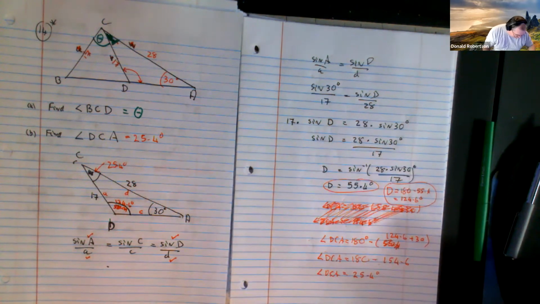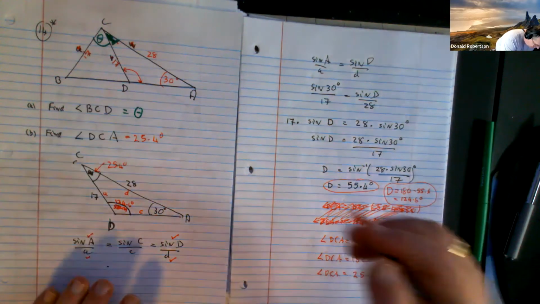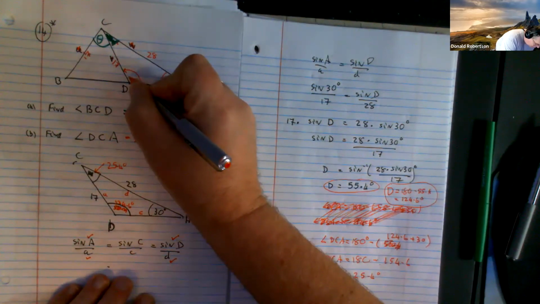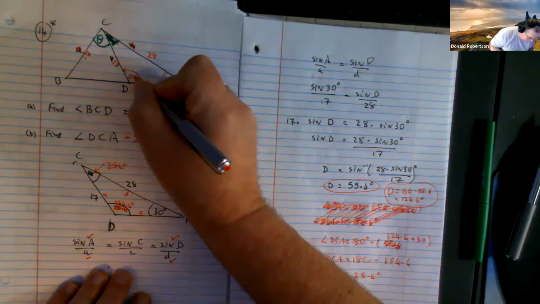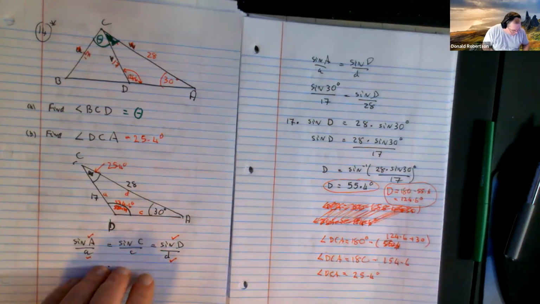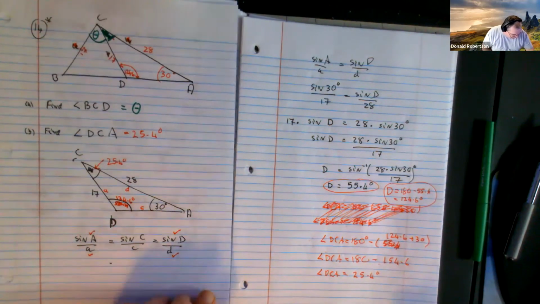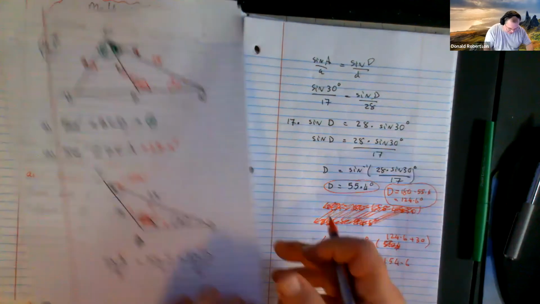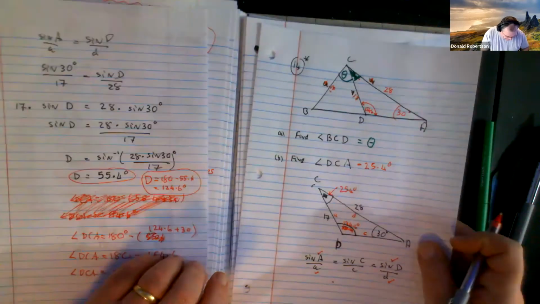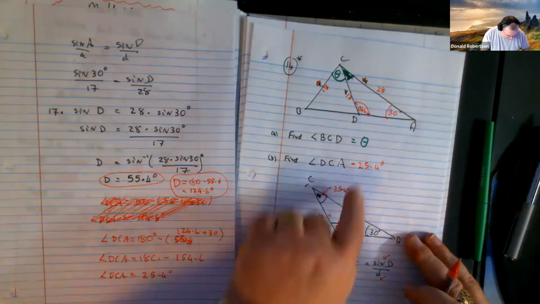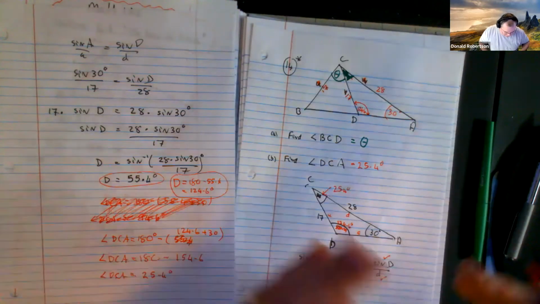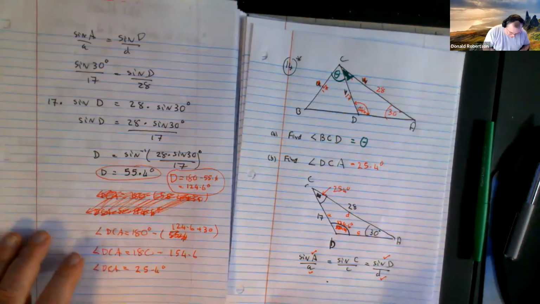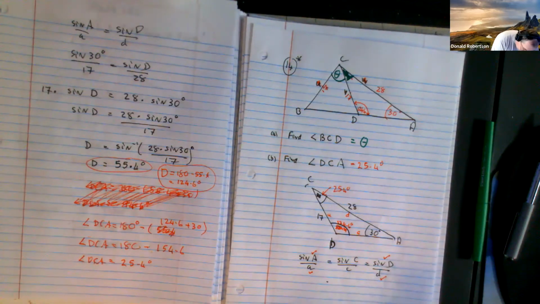Well, this picture now, although it's getting messy, also has a lot of information in it. We are being asked to find this angle up here, and I'm going to do a shortcut. I could eventually get the sine rule to do it, but I'm going to do a trick.